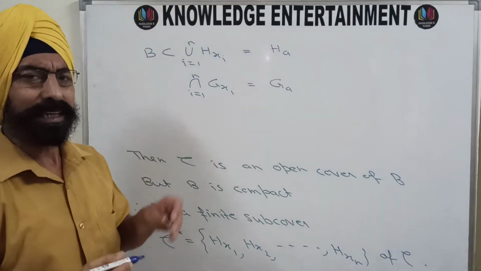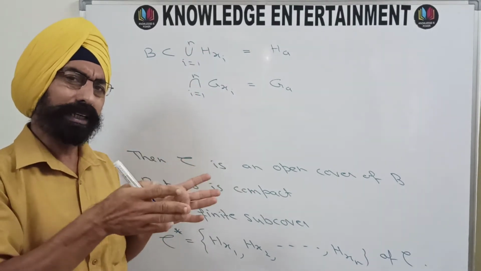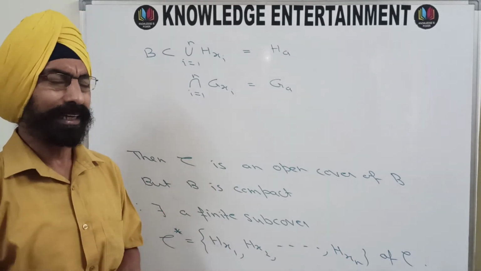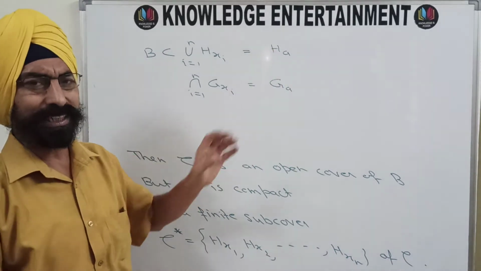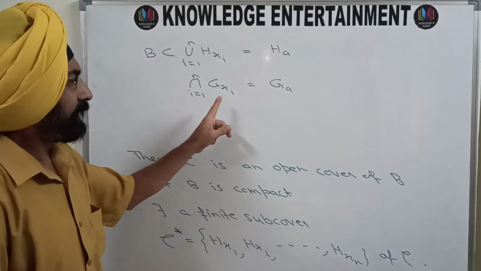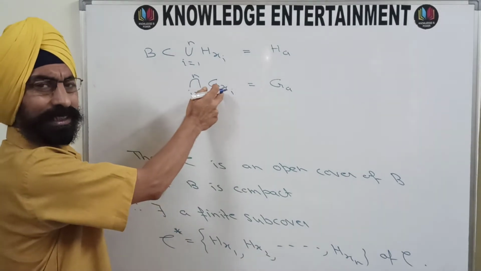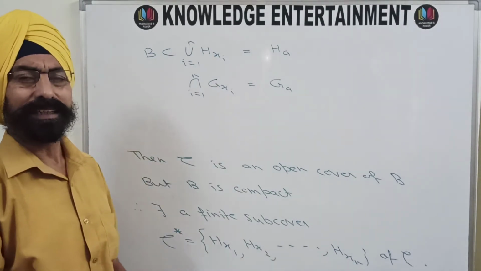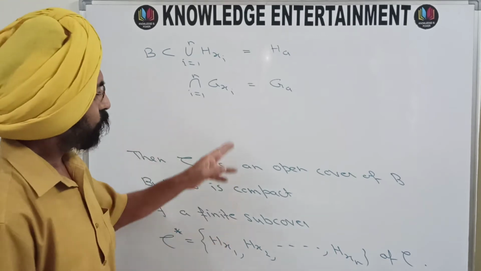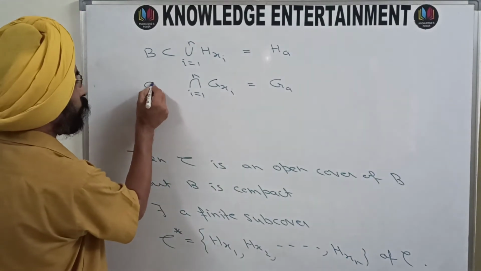Why HA and GA? Because these HXi's and GXi's are coming by choosing the fixed element a, small a, from the set A. So I am naming them HA and GA. Definitely, since GX1 contains a, GX2 contains a, GX3 contains a, each one is containing a, this intersection GA will also contain a.